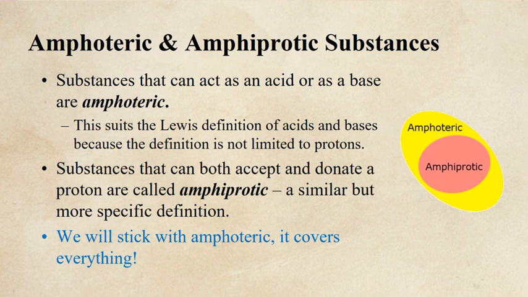The definition we're going to acquaint ourselves with, but sort of leave there, is amphiprotic. Amphiprotic means that a substance can either donate or accept a proton, which is sort of limited in Bronsted-Lowry theory. So we'll stick with amphoteric to describe substances that can act as either an acid or a base, or accept a proton and lose a proton.